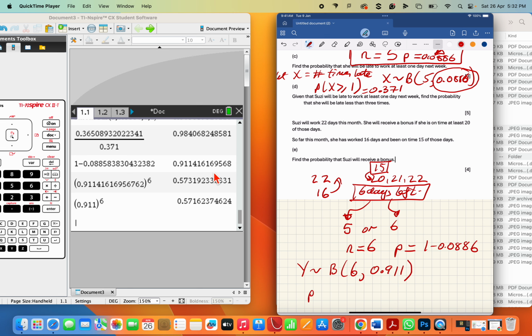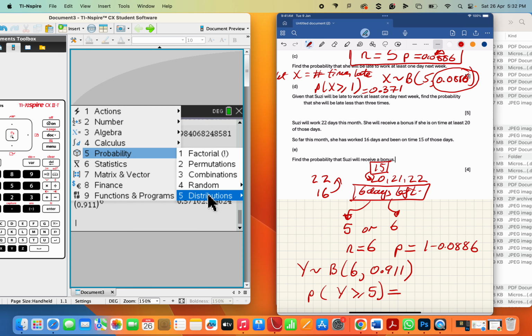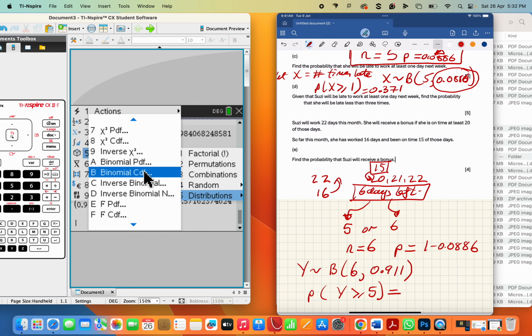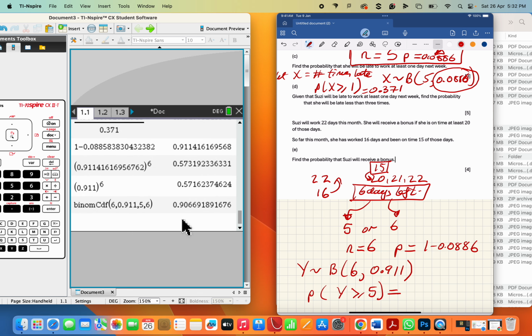So we want the probability of y being greater than or equal to 5. That'll be a binomial CDF. Menu, probability, distributions, binomial CDF. Number of trials is 6 days left to work. Success is being on time, 0.911. Lower bound is 5, upper bound is 6. And there we go. So that is 0.907.